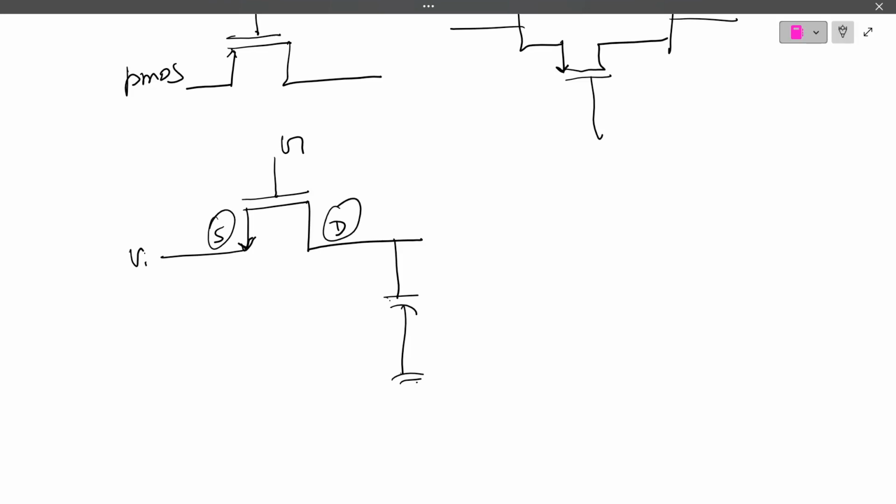If there is the charging capacitance and it is charged up to VDD, then we can say this is the drain. In NMOS, where the higher value is applied, we define that as the drain and the lower value as the source, right? If I apply gate voltage VG equal to VDD, so what is my VGS?